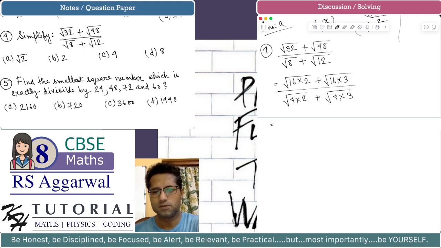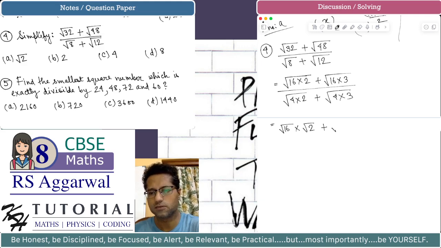So this becomes now square root of 16 into 2. I can write it as square root of 16 multiplied by square root of 2, and then we have plus square root of 16 into 3.